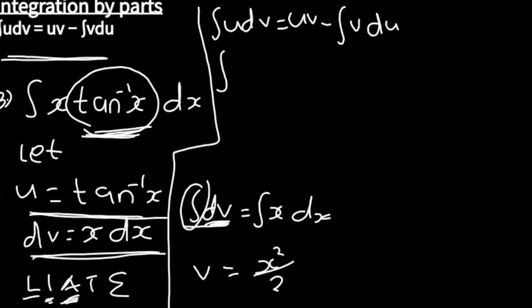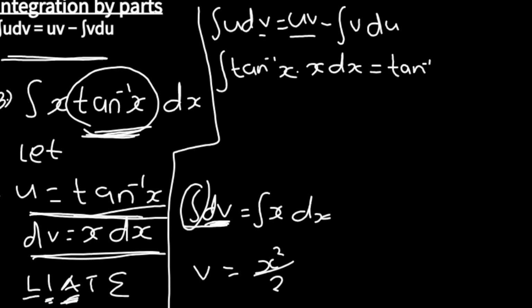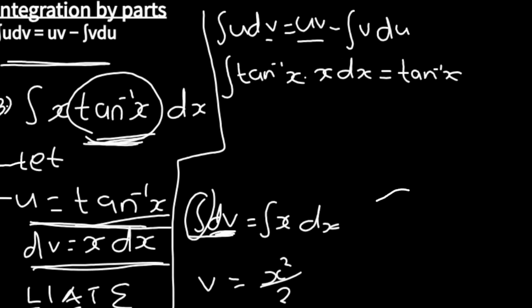So what is our u? Our u is arctan. What is our dv? Our dv is x dx. What is our v?